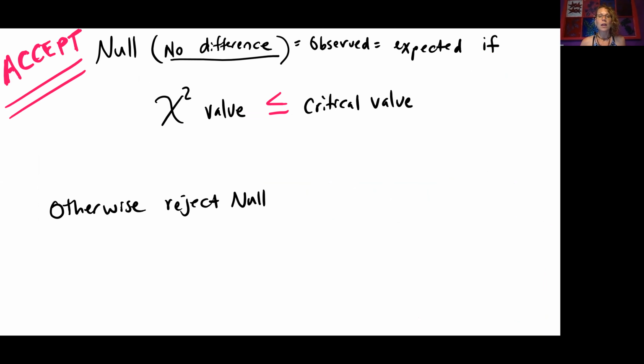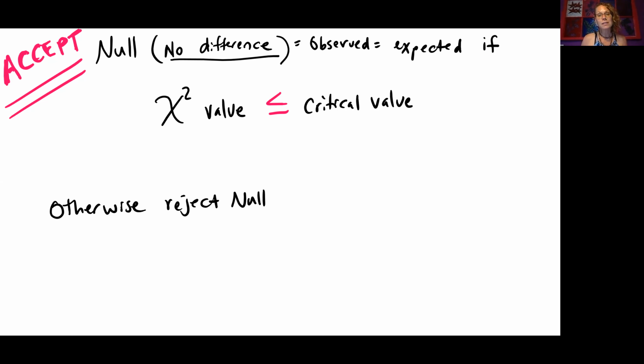In this scenario, our null hypothesis says there's no difference between our raw data and our expected data. That what we thought would happen is what is happening, that our experimental data matches our hypothetical model. So in this case, it would be saying that the corn color is inherited through Mendelian genetics.